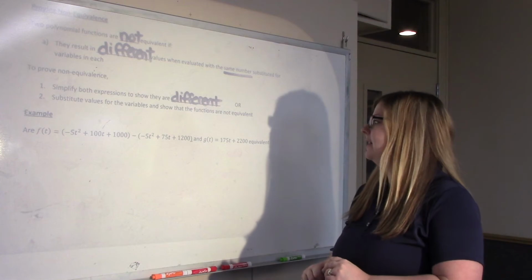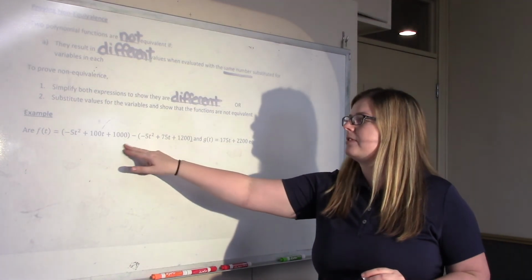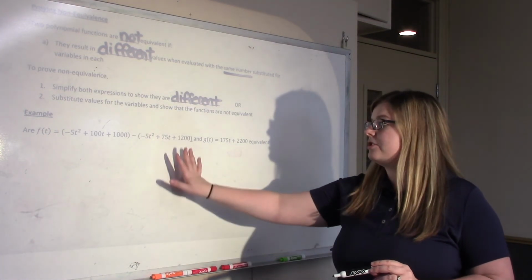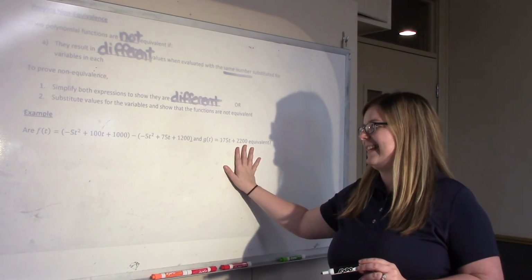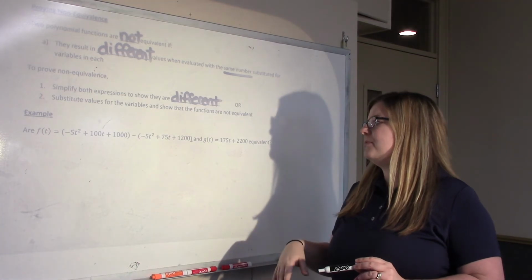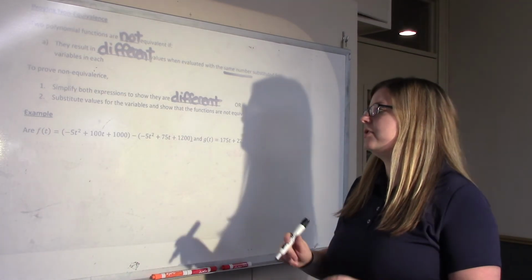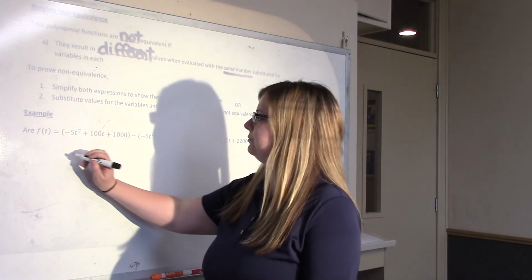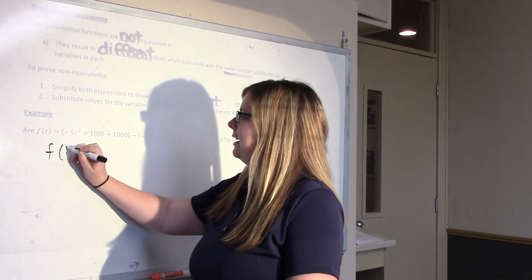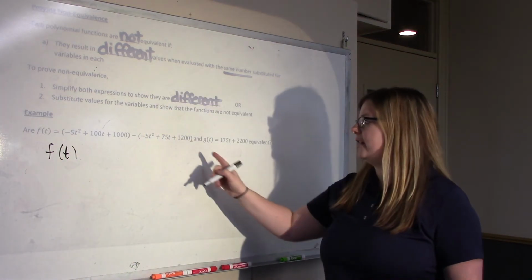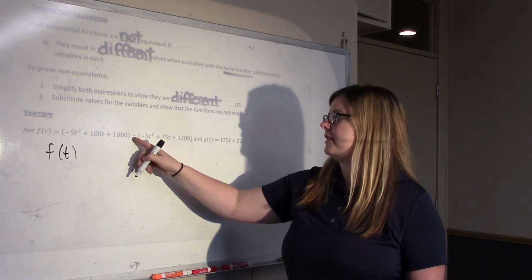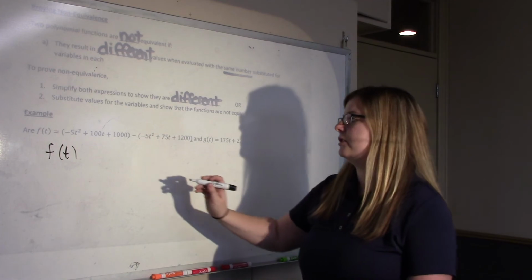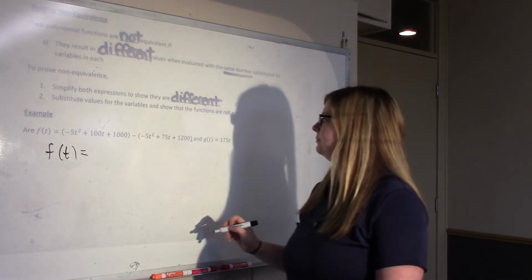So in this case, because there's such big numbers here, I think it's actually simpler to simplify these functions than it is to put in a value for t. Okay? Just because you'd have a lot of calculations. So I'm just going to simplify both. So f at t, okay, you're just collecting like terms. Minus 5t squared, and then this would become plus 5t squared. So there's no more 5t squareds.